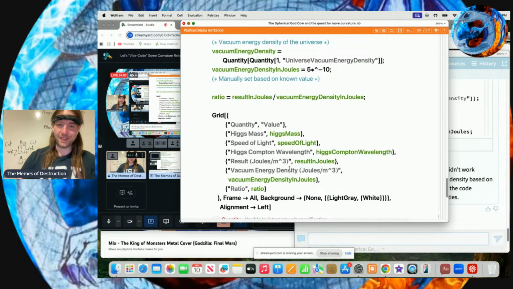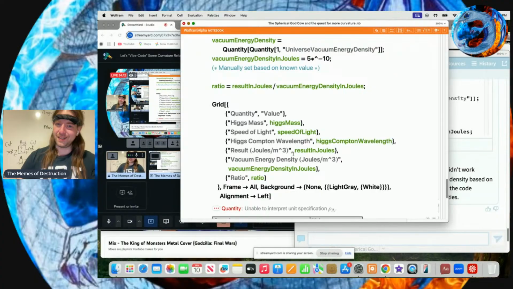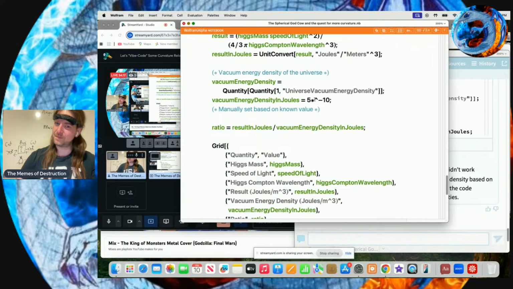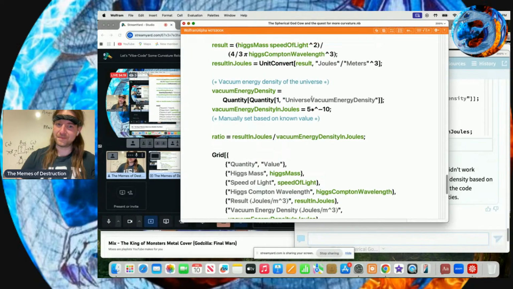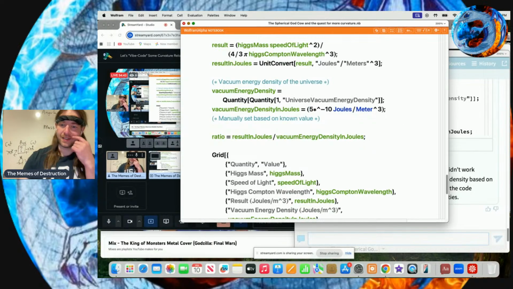Controls, ratio, result. Oh, I probably should just put units. Minus 10 joules per meter cubed. Let's see.